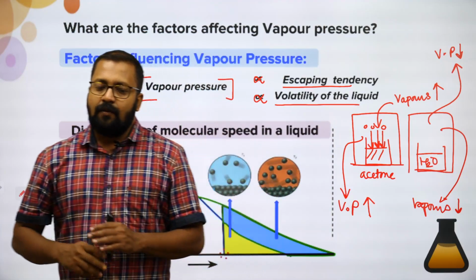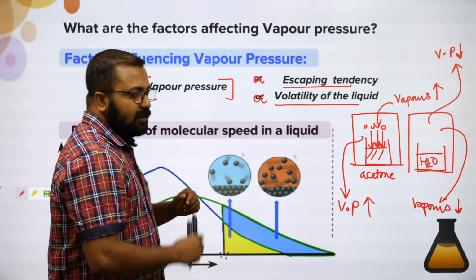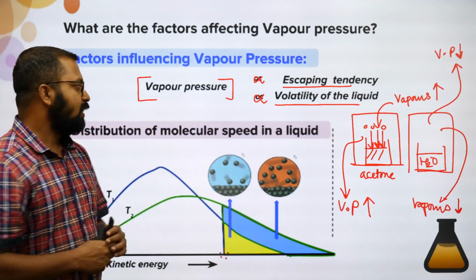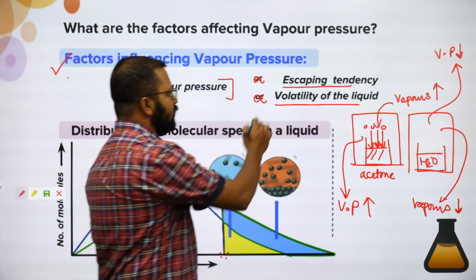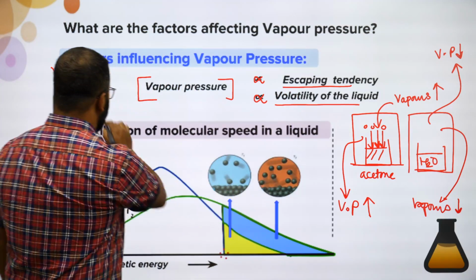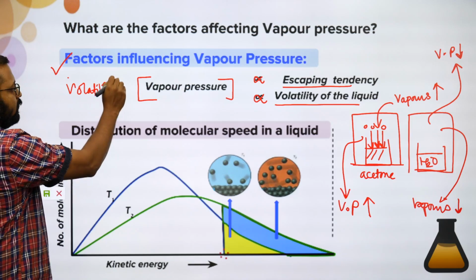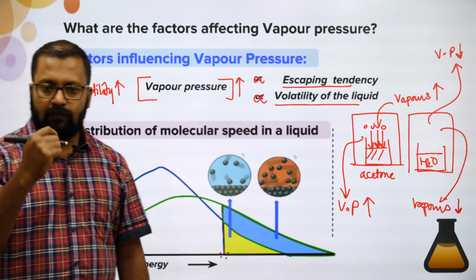If it is more volatile, then the vapor pressure will also be higher. Yes, that's it. So the first factor which affects vapor pressure is volatility. As volatility increases, vapor pressure increases. Cool?